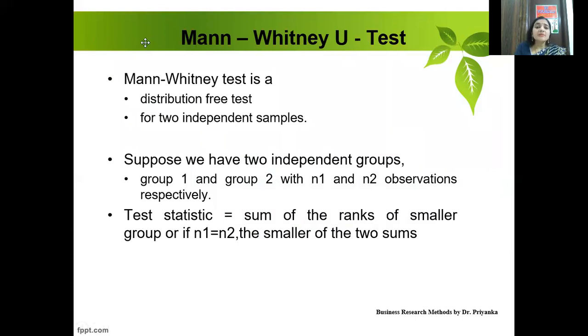Then there is the Mann-Whitney U test. The Mann-Whitney U test is a distribution free test again, like all the non-parametric tests. And this is done for two independent samples, like we were doing the Wilcoxon test for paired comparison. As the name also suggests, it was a paired signed rank test, right?